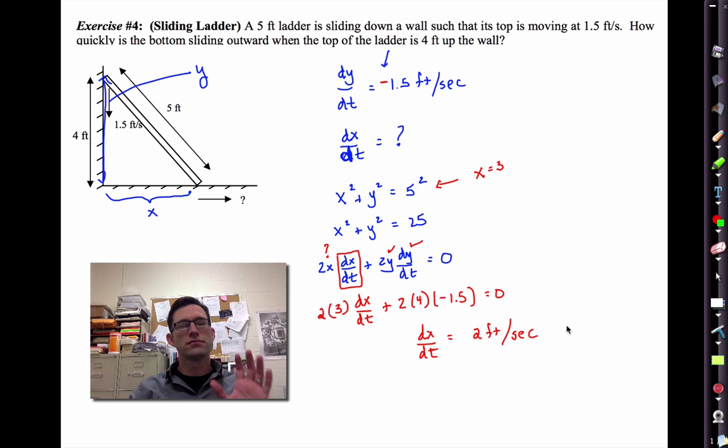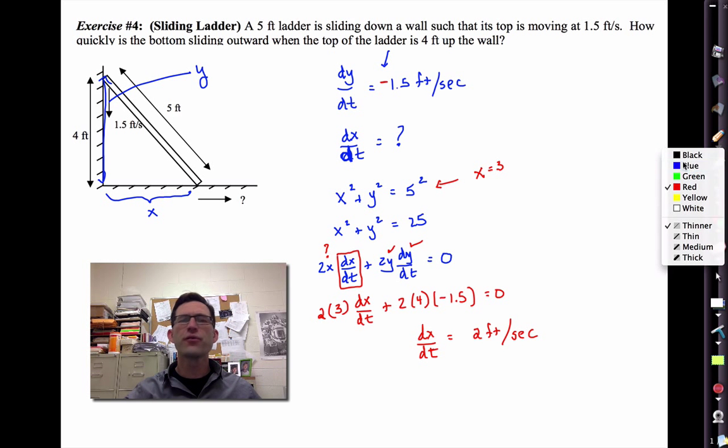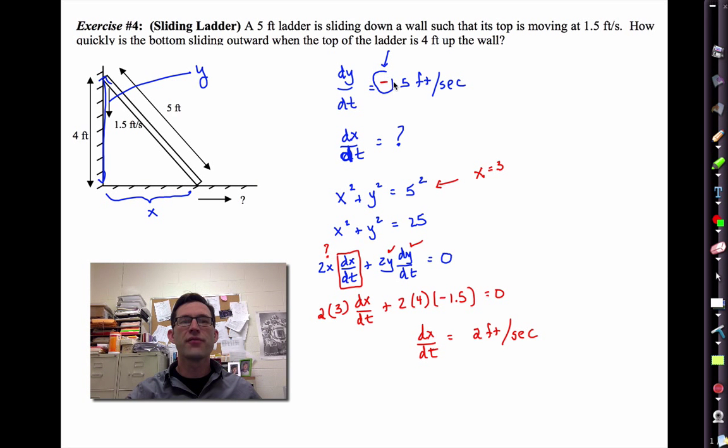Now, real briefly, I just want to highlight something. If for some reason we had left the negative off here, then it wouldn't have shown up here, and what would have happened is that a negative would have been introduced in our answer down here. Now, again, why would that have been a real problem? Hopefully, you realize that it's a problem because if a derivative is negative, it means that the quantity is decreasing.